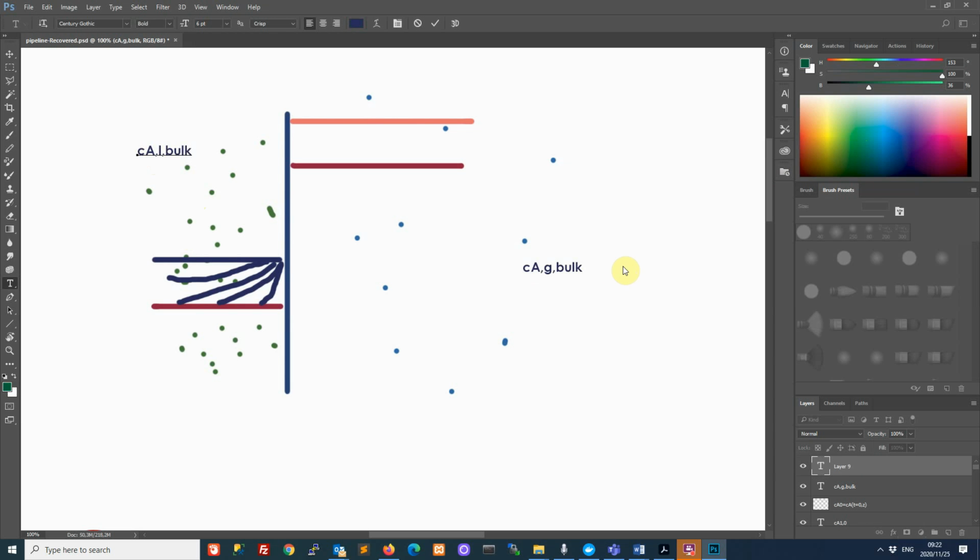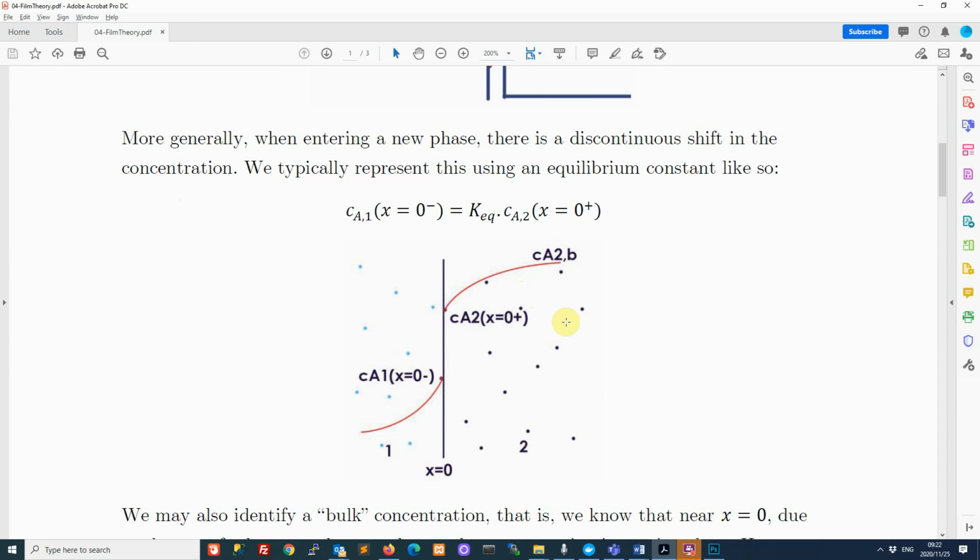So there's a bulk concentration, and so differences in the interface, right? A different concentration near the interface when compared with the bulk is going to cause a net mass transfer flux between the interface and the bulk of the fluid. And so this is summarized here.